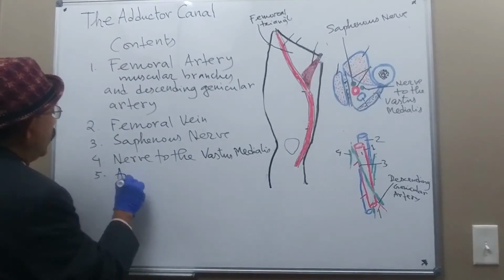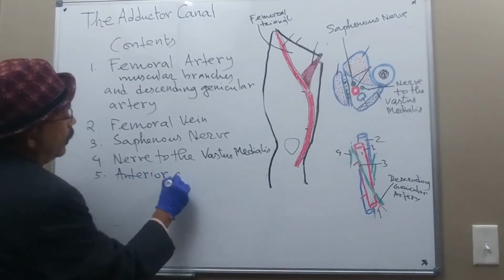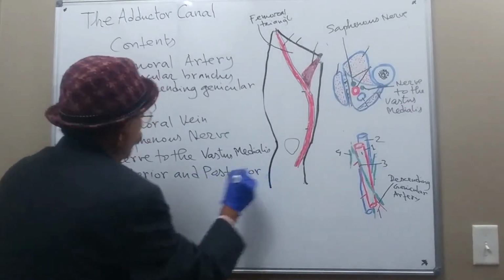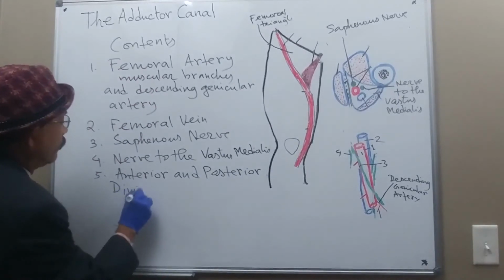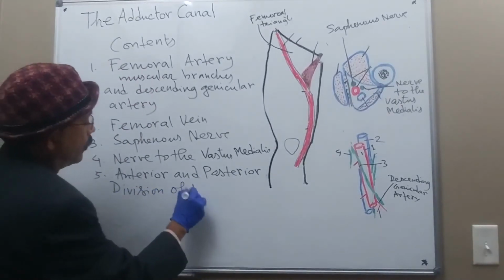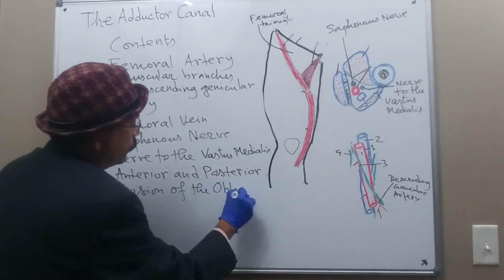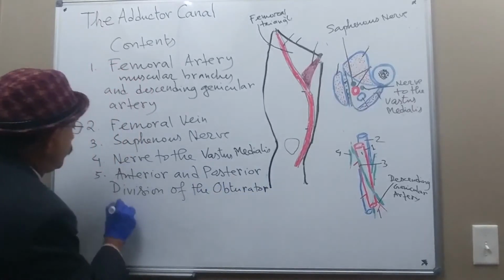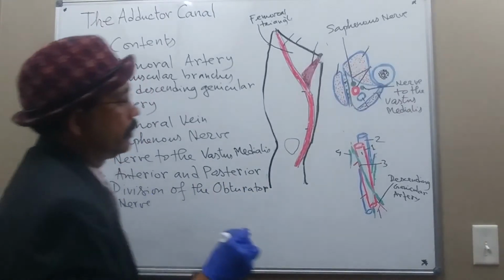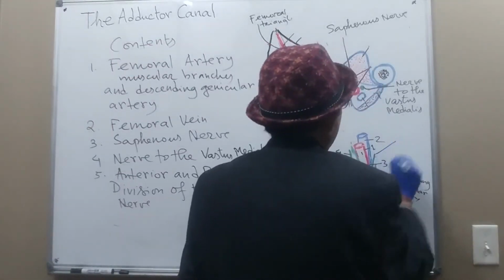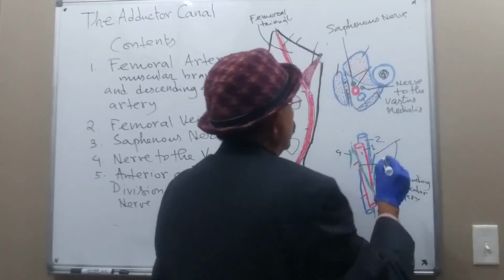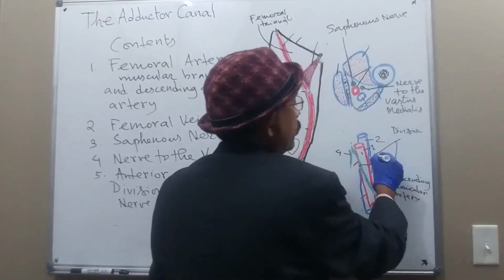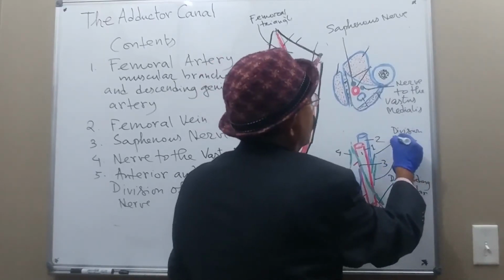Then we get the anterior and posterior division of the obturator nerve. One is anterior, another is posterior.